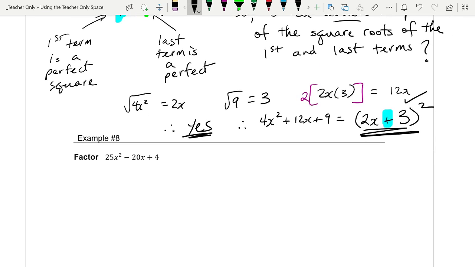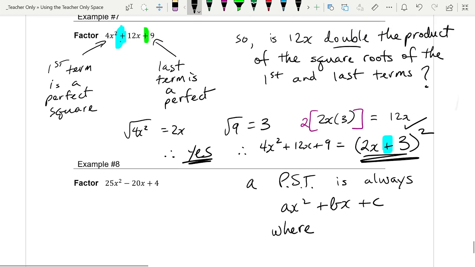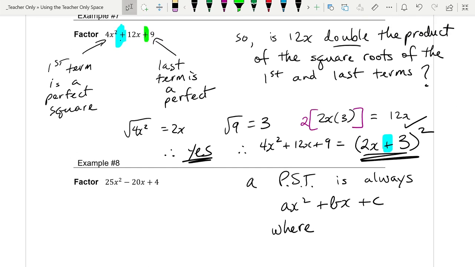So a perfect square trinomial, I'm just going to keep writing notes over here because I don't need much room to actually do the question. And I'm tired of writing perfect square trinomial. Are you okay with PST? And you know we're not talking about provincial sales tax? A perfect square trinomial is always ax squared plus bx plus c, where, let's turn the words that I had up here into fancy algebra.